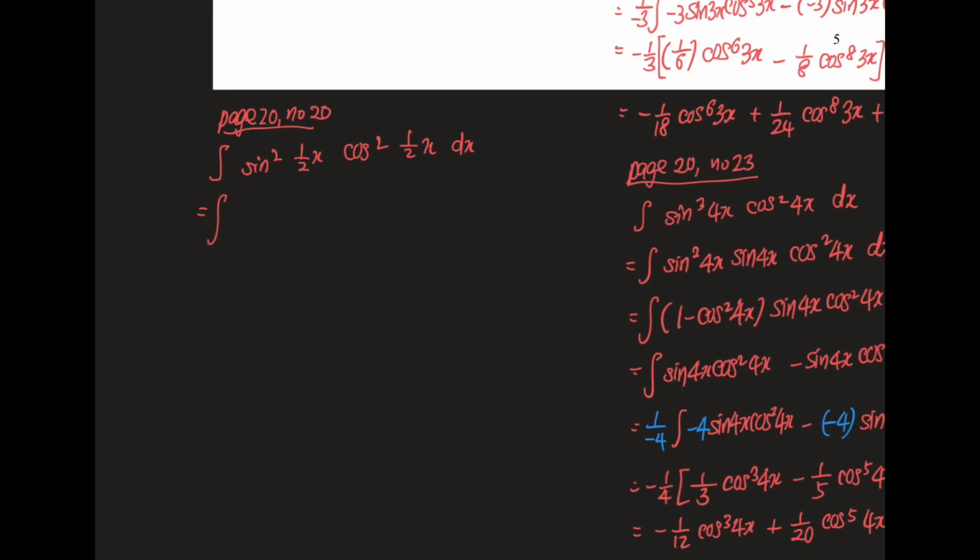Change both of the even power trigo expressions by using the even power identity. Look at the arrow here: cos square x is half of 1 plus cos 2x, and sine square x is half of 1 minus cos 2x. So use this identity instead.